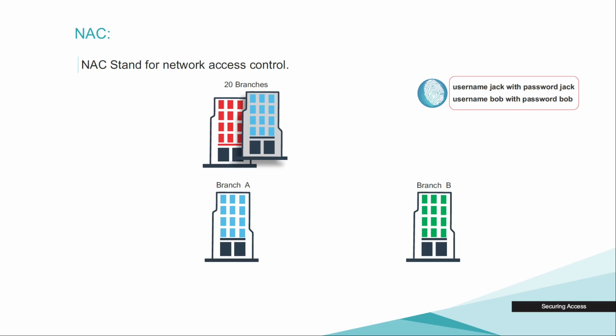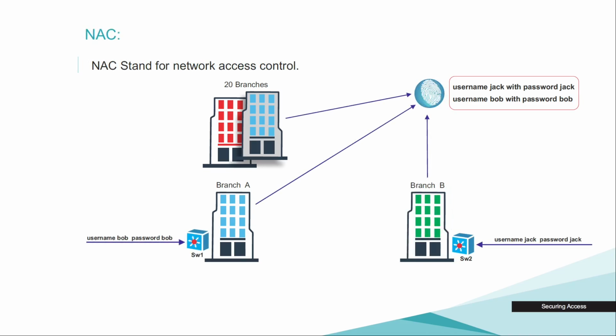Cisco ISE is considered a NAC solution, network access control, and from the name we can tell that this device is responsible for controlling access to our network. So what we will do in Cisco ISE, we will configure the username and the password and save all the credentials inside Cisco ISE instead of going to each device individually and typing the username and the password.